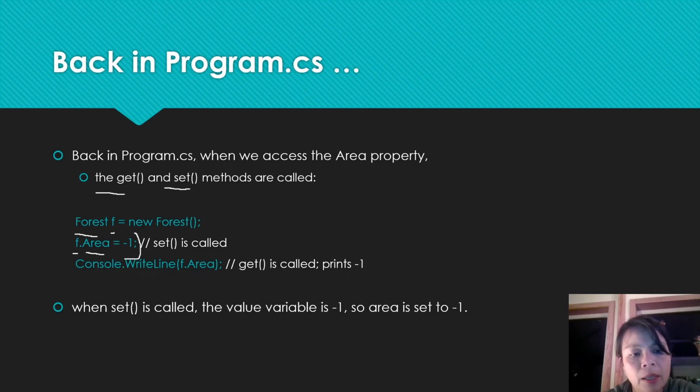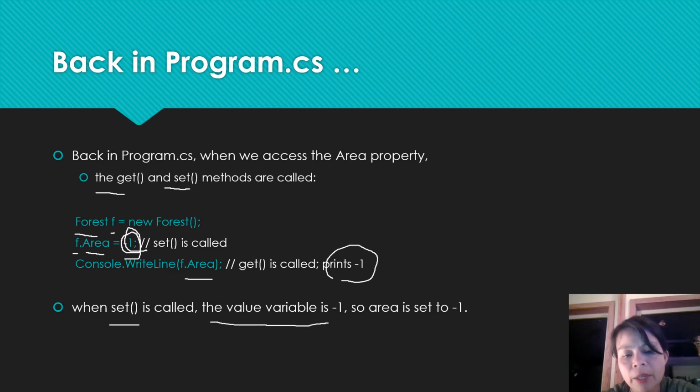So we are setting -1 to f's property Area. When we print that, it's going to print -1. When set is called, the value variable is -1, so area is then set to -1.